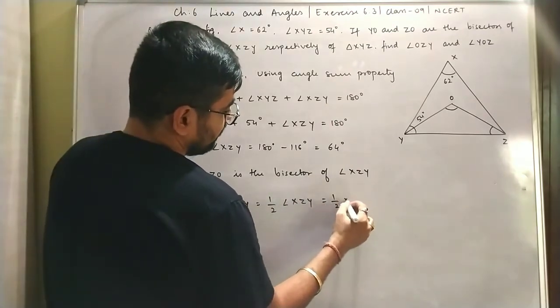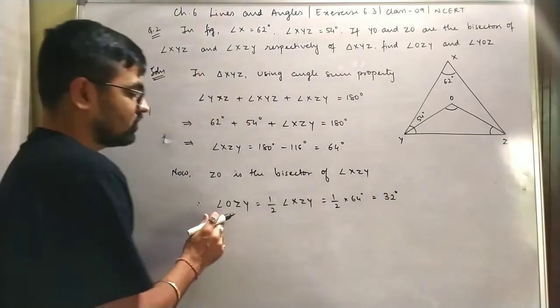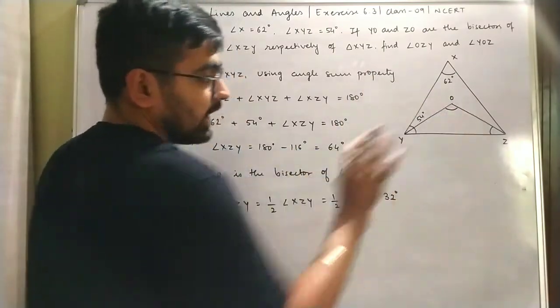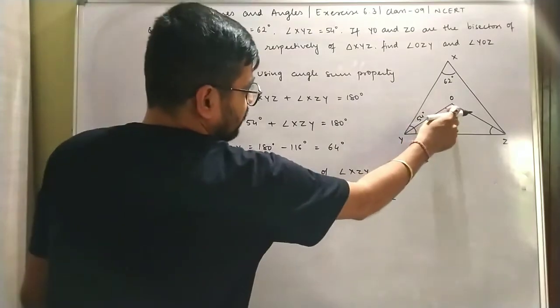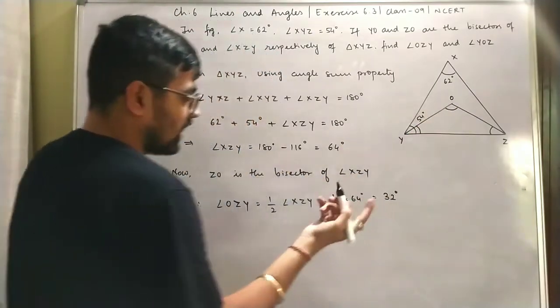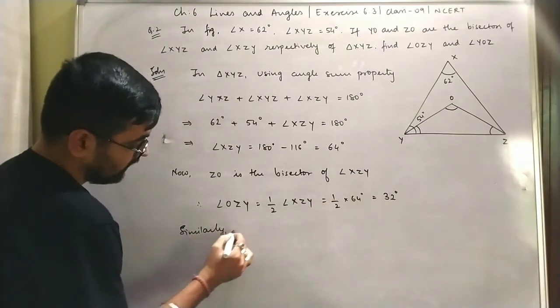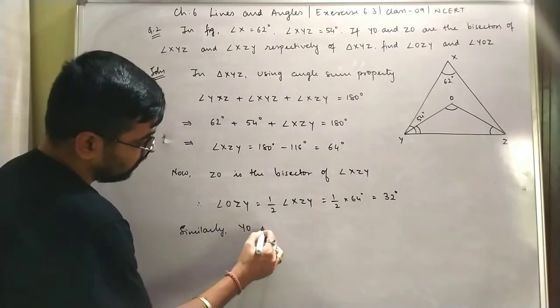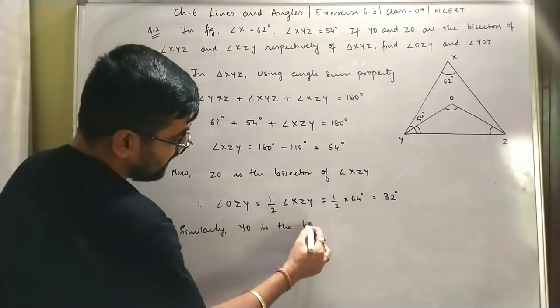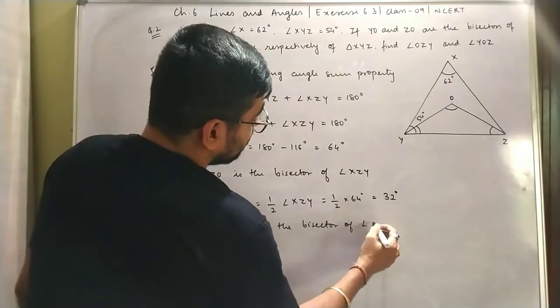So half of 64 is 32 degrees. So I got angle OZY. One angle is found. Now second, I want to find this, but to get this I will first find out this angle. How? So similarly, YO is the bisector of angle, which angle?